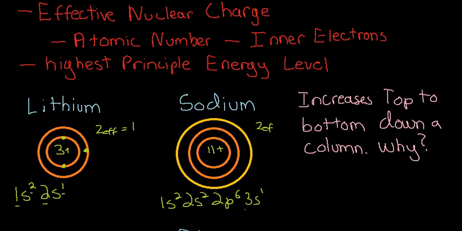So the only valence electron is in the n equals 3 energy level, and there's 1 of them. Within the inner electron levels, 1 and 2, there are a total of 10 electrons. So the Z effective for this would just be 1, the 11 for the atomic number, minus the 10 inner electrons that lie in the n equals 1 and n equals 2 energy levels.